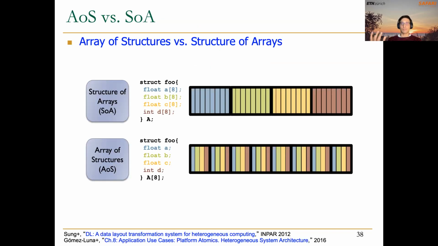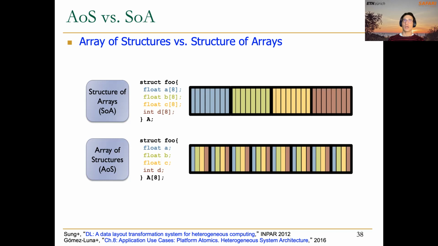This ability of accessing memory in a coalesced or not coalesced manner is also important for the way that we store the data in memory. Imagine that we are using an array that contains tuples, and these tuples have 4 different values.